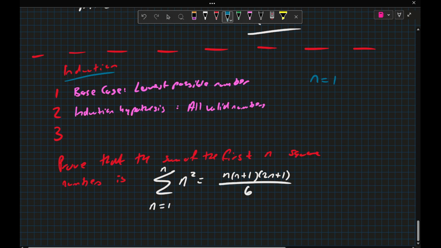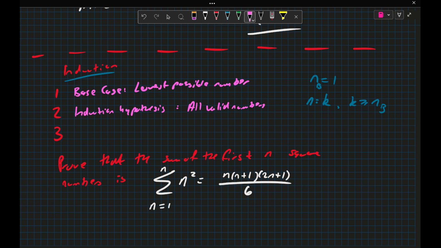So this is for n equal to k, where k is greater than or equal to the base case, which I'll label as nb. So if this is 4, for example, you would say n equal to k, where k is bigger than 4. You could also say n equals k plus 4, where k is bigger than 0, but I tend to have it as just k, where k is bigger than the base case, because it just makes the algebra easier. And I apologize for my voice breaking there.